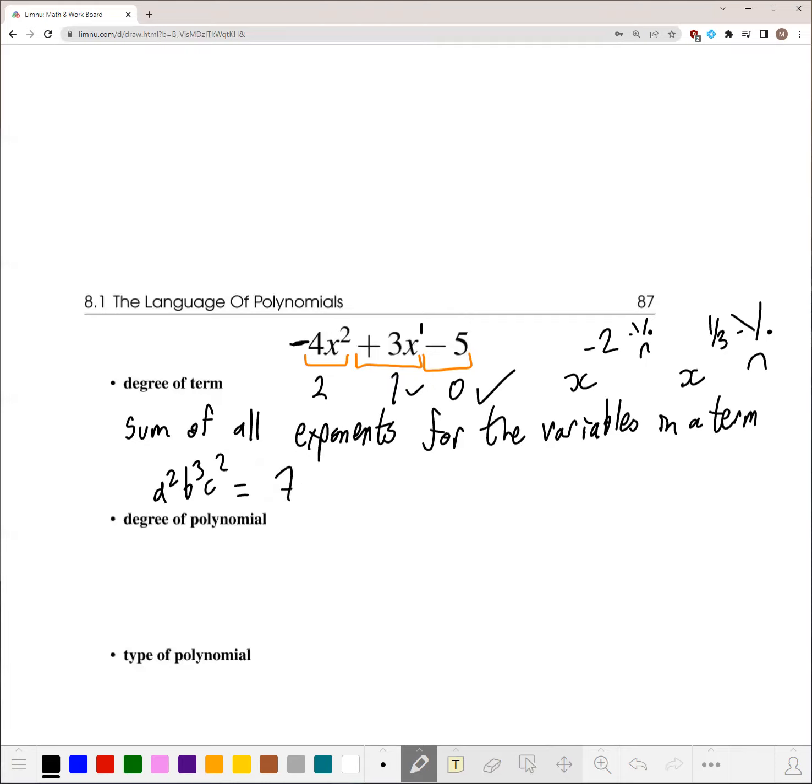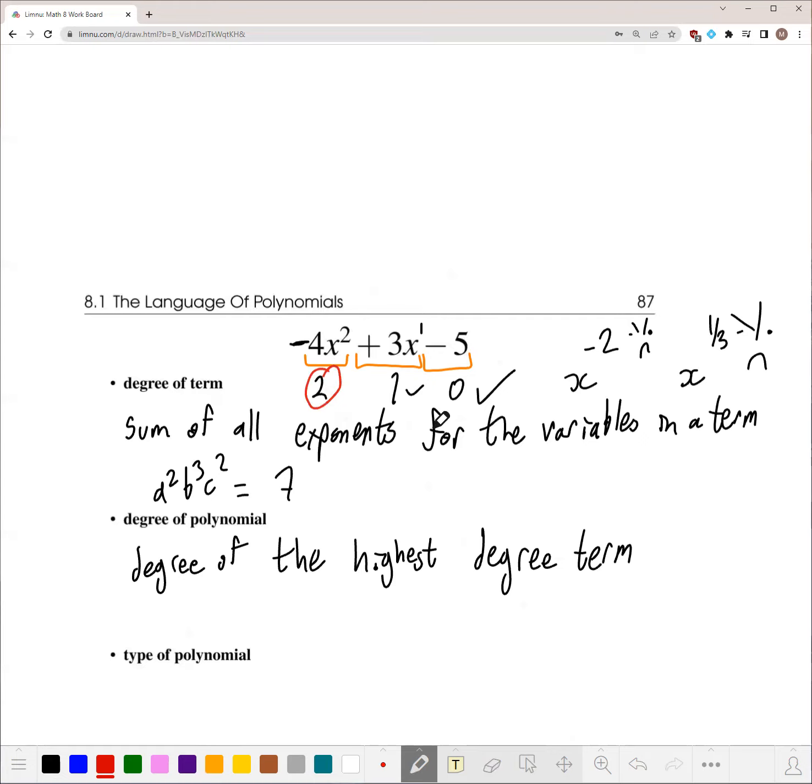Now, the degree of a polynomial, so if the whole thing is a polynomial, is the degree of the highest term. And we can clarify that a bit by saying the degree of the highest degree term. So for our polynomial up here, the biggest number is our degree of the overall polynomial.